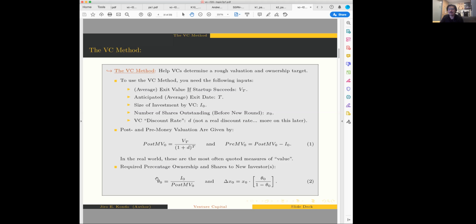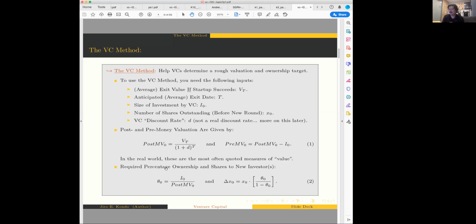If you recall, we built a simple NPV model to understand what that meant to justify the investment. And let me reemphasize, this investment must be a good deal, not to the VC, but to the limited partners that give money to the VC.